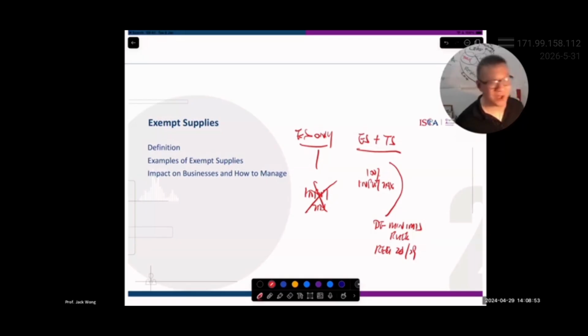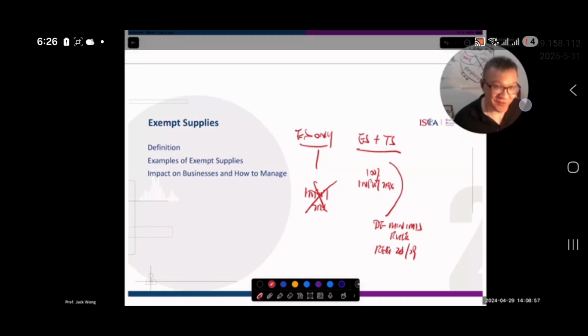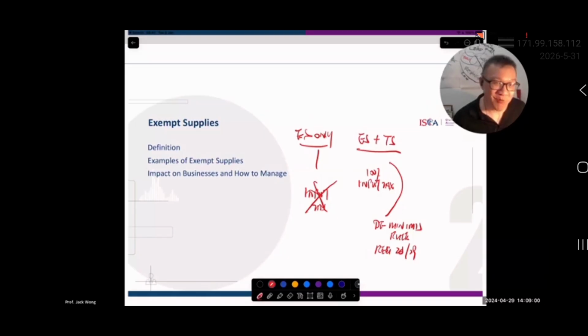Again, this is a whole topic. In this video I'm not going to explain in detail because it's not the major focus. But the fact is that you might still be able to claim back the input tax in full if you can satisfy the de minimis. Okay? And then what if you cannot satisfy?